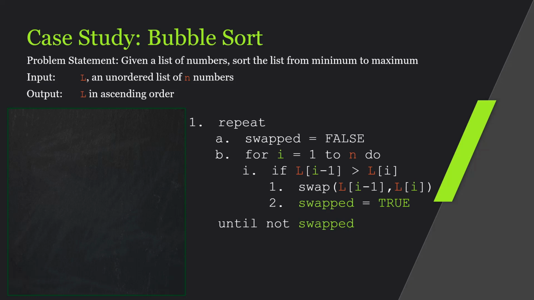And we want to see if L at I minus 1 is greater than L at I, meaning they're out of place. So if they're out of place, we will then swap those two elements. We'll set swap to true. And because there was a swap, we're going to repeat from B back down. Okay, so we'll keep repeating all of that, or excuse me, from A back down. And so we're going to keep repeating that until no swap occurred, and then we can exit.